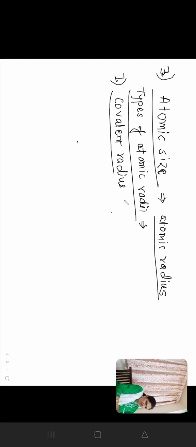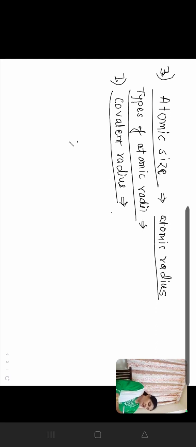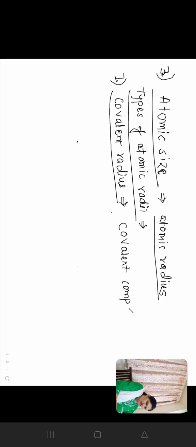Now what is covalent radius? Covalent radius is the atomic radius which is measured in covalent compounds.